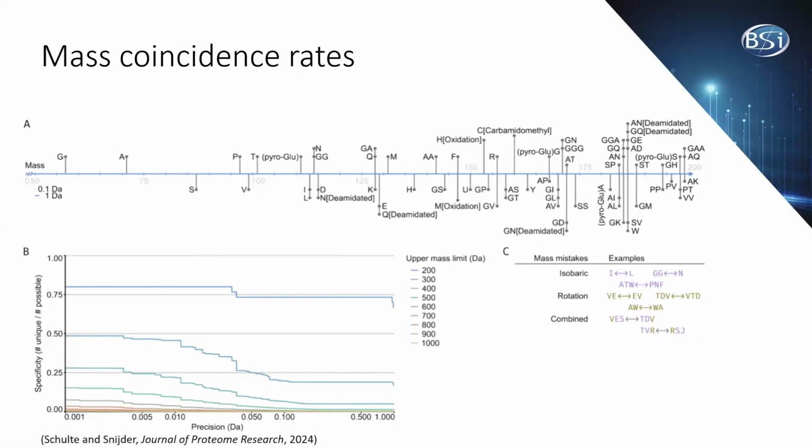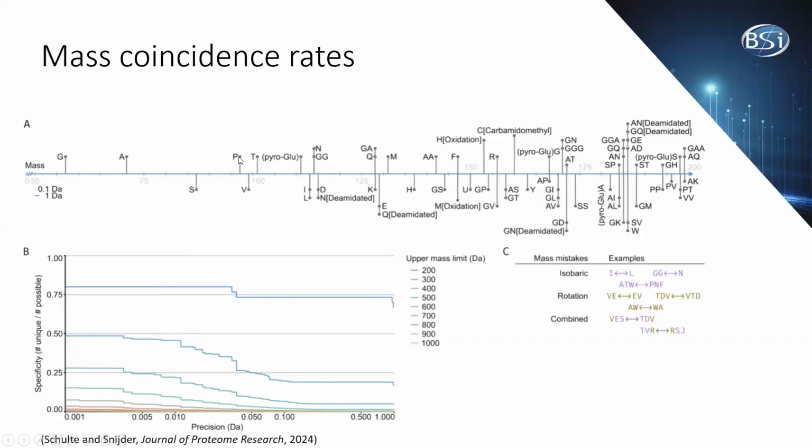The bottom left panel shows the coincidence rates, and so the y-axis is an indication of the specificity as a function of the number of unique assignments to each peak.